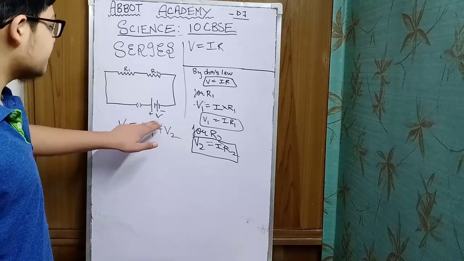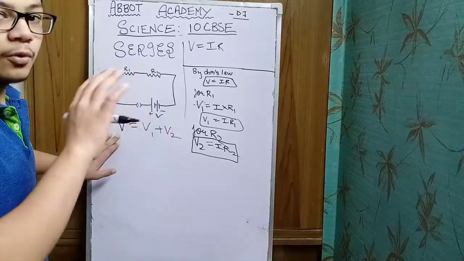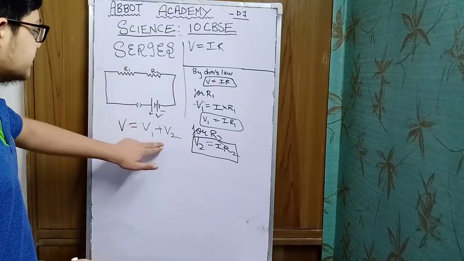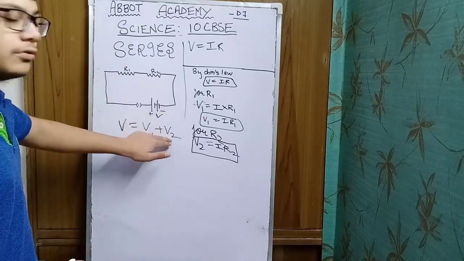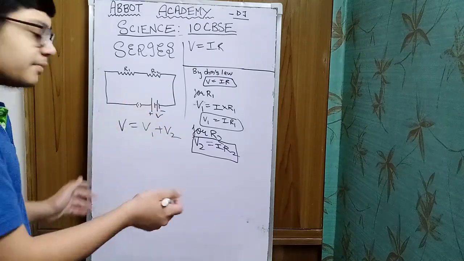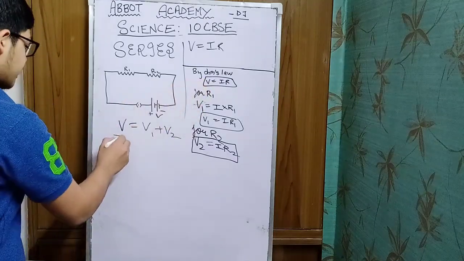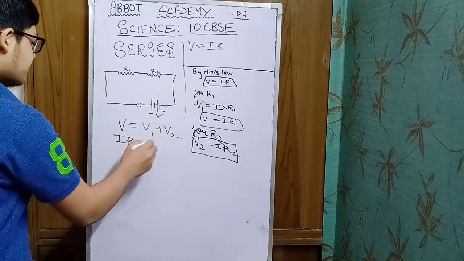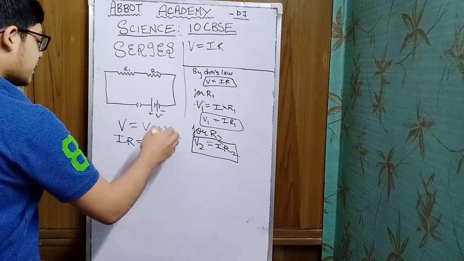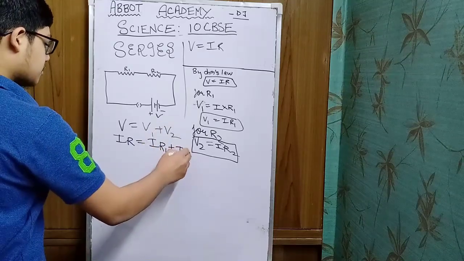Because V is the potential difference for the whole circuit, and this is the potential difference for R1, V1, and the potential difference for R2, that is V2. So if we sum that, we get V. Simple. So in place of V we can write IR, in place of V1 we can write IR1, and in place of V2 we can write IR2.